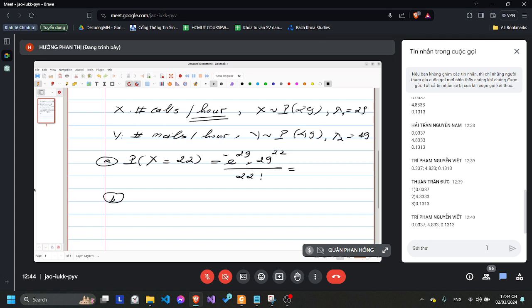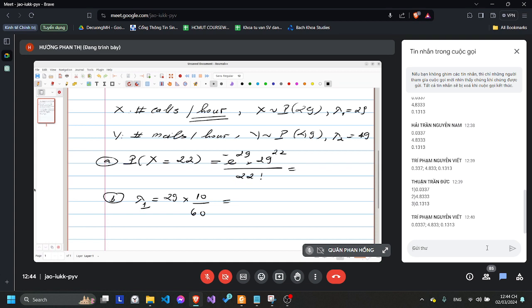Now we are using 10 minutes instead of 1 hour. Hence we need to redefine the parameter lambda. We have lambda 1 now equals 29 multiplied by the unit we're using. We're using 10 minutes, so 10 over 1 hour, which is 60. So we got the new lambda.